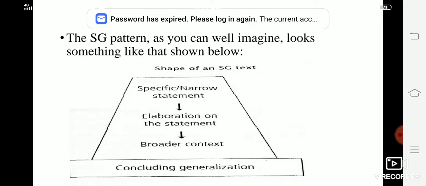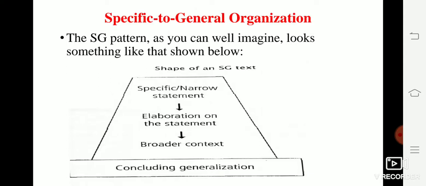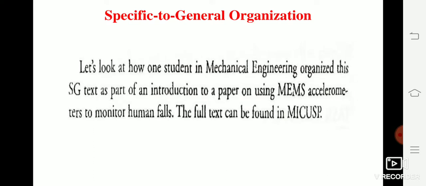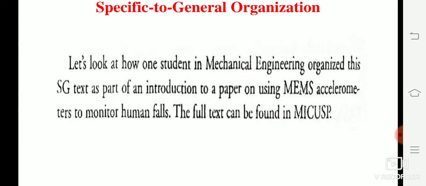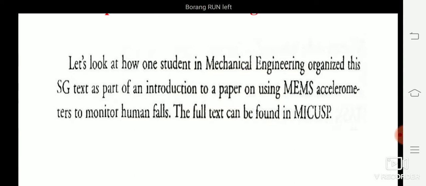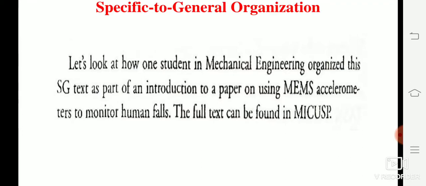Okay. Let's continue, everyone. Let's look at how a student in mechanical engineering organized this SG text as part of an introduction to a paper on using MEMS accelerometers to monitor human falls.